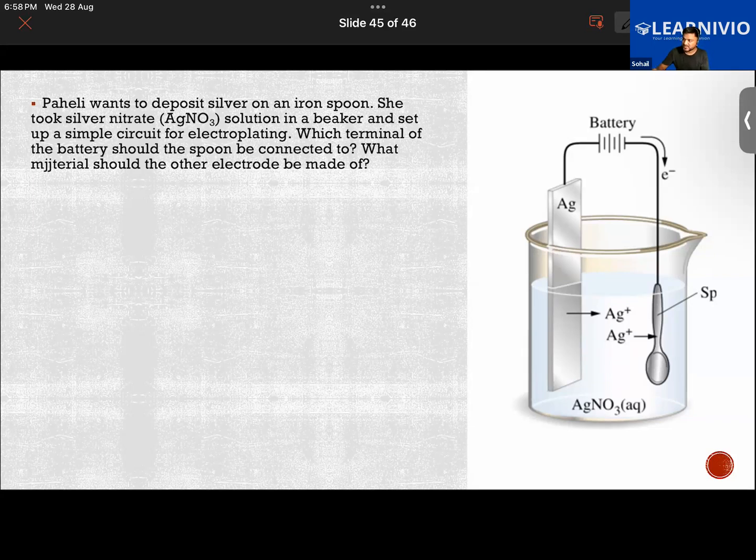Can you guys tell me why the silver should be attracted towards the spoon? While electric current is passed, why should the silver be attracted towards the iron spoon? Yes, Gauri, Khadija.